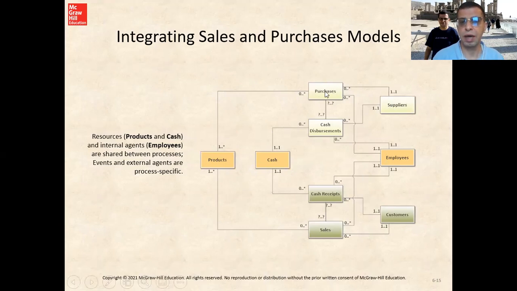And when the purchase happens and is approved, it gets the cash disbursements, it goes to the cash and it pays the other side. This is run by the employee itself.